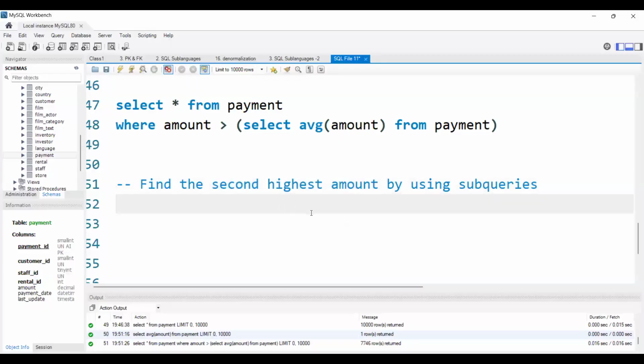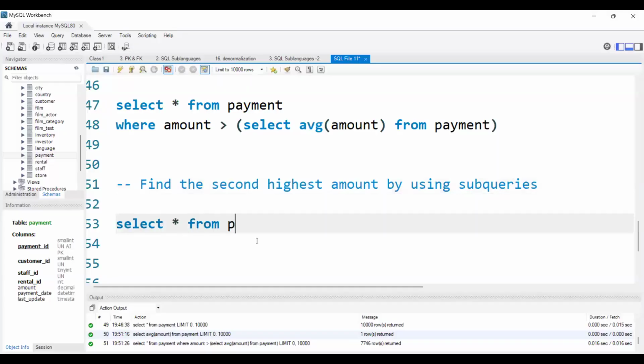If you use 1 comma 1, the first row will be skipped and the second row will be displayed. Correct? Basically, we will use the order by clause along with the limit clause. Yes, ma'am. Because if I directly say limit 1 comma 1, it will display, let's see, select star from payment.